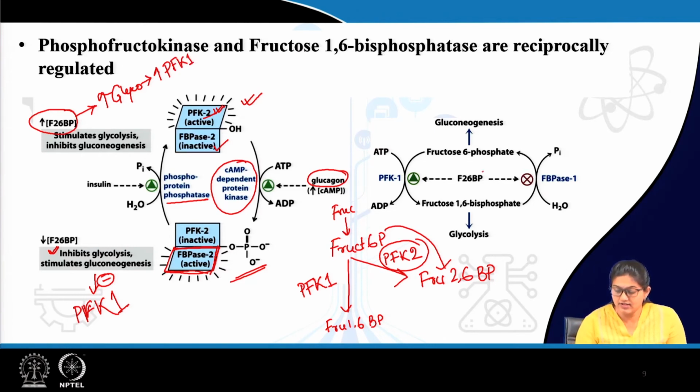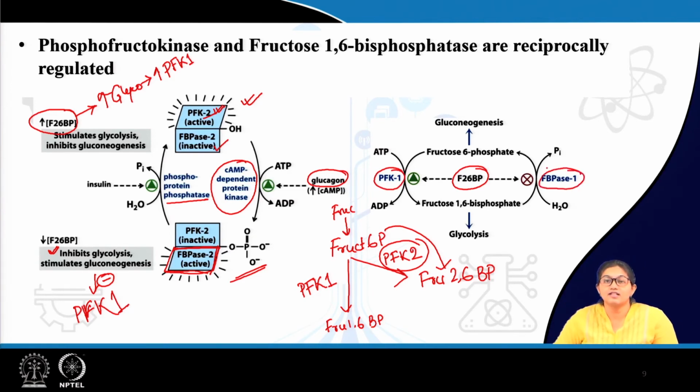As you can see, it activates phosphofructokinase 1 and deactivates fructose bisphosphatase type 1, which converts fructose 1,6 bisphosphate to fructose 6 phosphate in neoglucogenesis. So, once again to remind, fructose 2,6 bisphosphate is an allosteric regulator. It activates glycolysis by activating phosphofructokinase 1, and it deactivates fructose bisphosphatase 1 in neoglucogenesis.